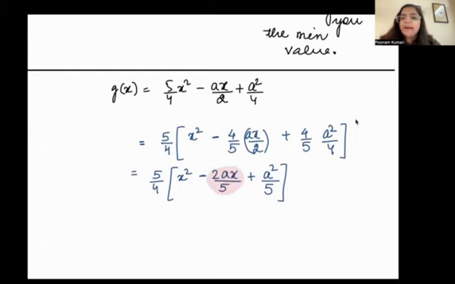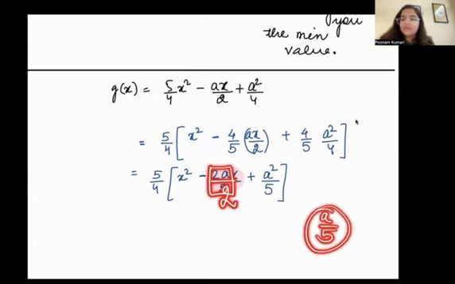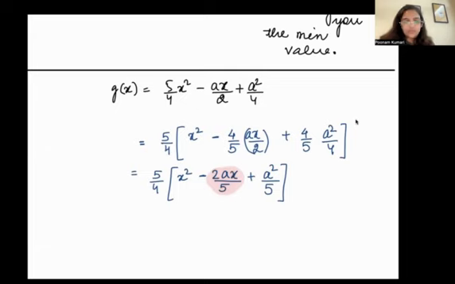You divide it by 2, right? And whatever coefficient you get, you add the square of that and subtract the square of that. So if you divide this by 2, what do you get? I will get a by 5. अगर मैं 2a by 5 को 2 से डिवाइड करूंगी तो मुझे क्या मिलेगा? a by 5.